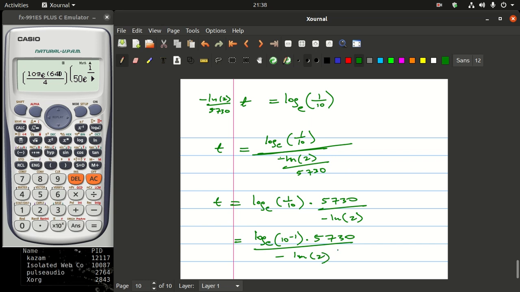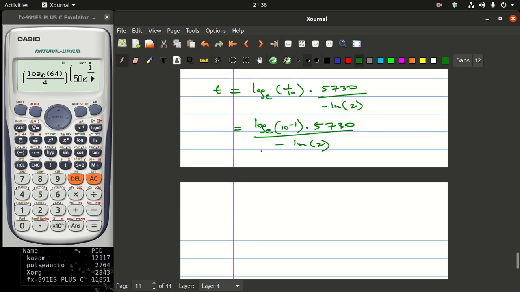If you proceed with this, you will find out that you have a minus. This is an exponent, I can always bring it in front.